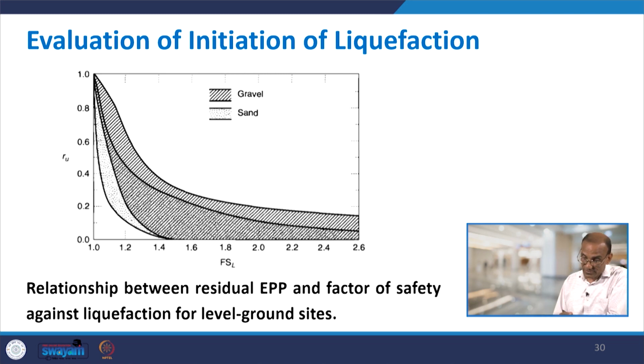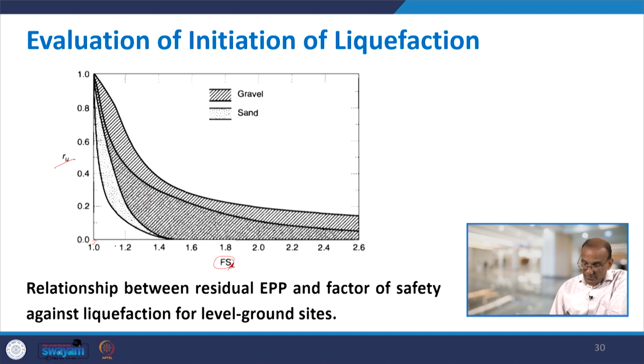In this chart, on the x axis you have Fs, the factor of safety against liquefaction, varying from 1 to 2.6, while on the y axis you have Ru, the pore pressure ratio. When Ru is 1, the pore pressure ratio is maximum; when Ru is 0, the excess pore pressure is 0. In this chart, it has been divided into two categories: this is sand here, and this shaded line is for gravel. Let us discuss the sand.